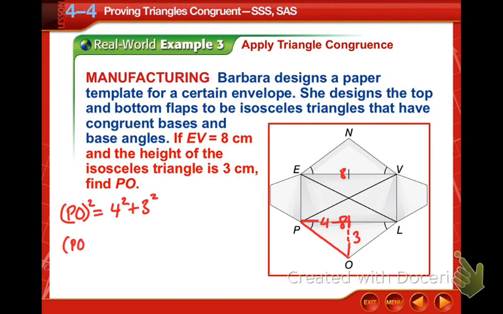So PO squared is equal to 4 squared is 16, 3 squared is 9. Add those up, we get 25. Then we need to square root both sides to get rid of the square. So that means that PO is equal to 5 centimeters.